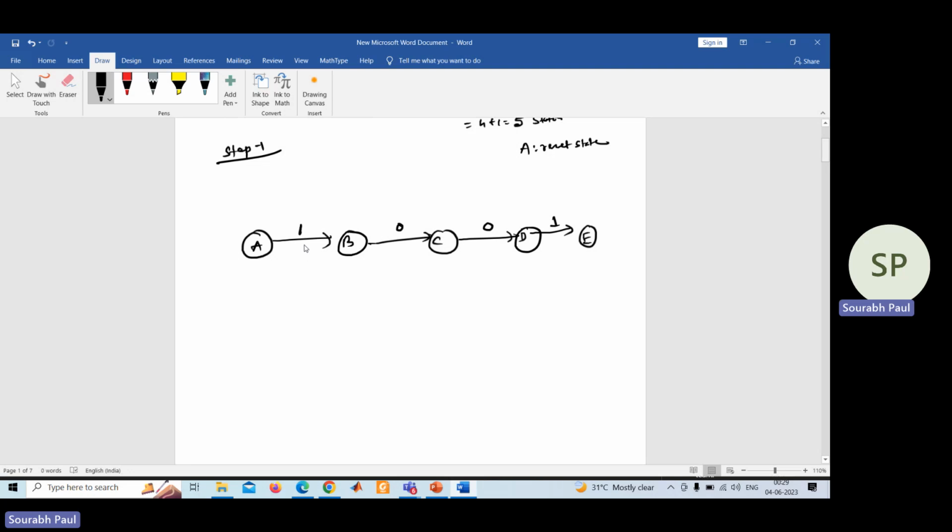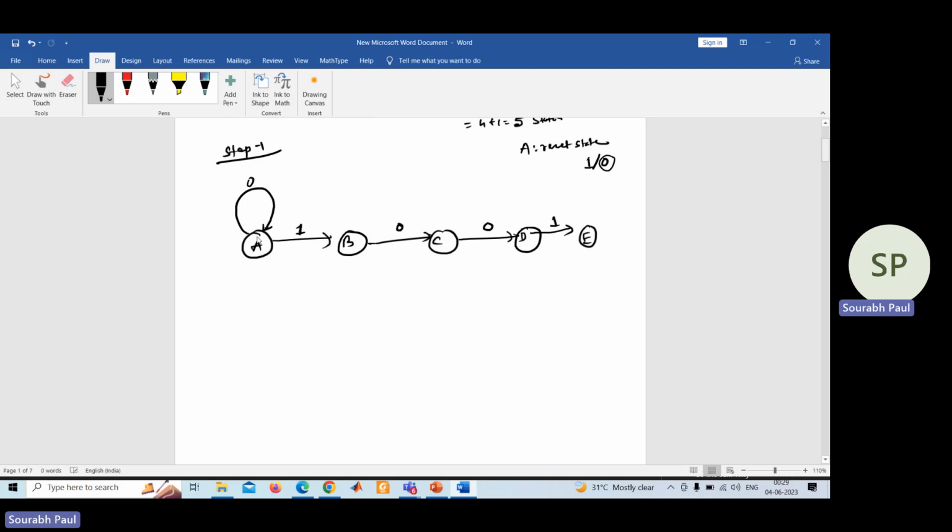Now for each state, what do you need to consider? You need to consider two conditions of input. Input can be 1, input can be 0. Both things you need to check, and accordingly you have to decide which state you need to go to. Suppose for state A, we have already considered the input of 1. What we didn't consider is the input of 0. If input 0 is given, you need to do the self loop.